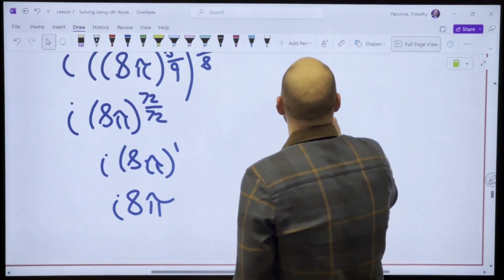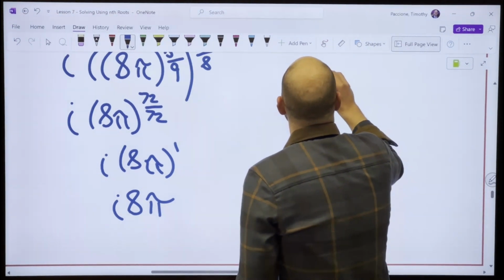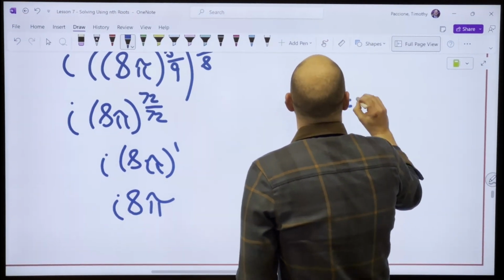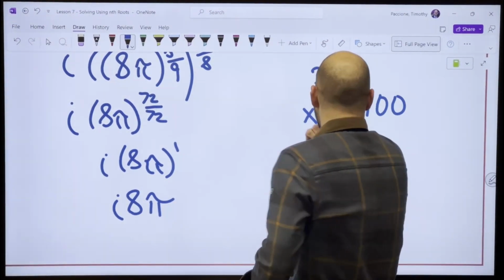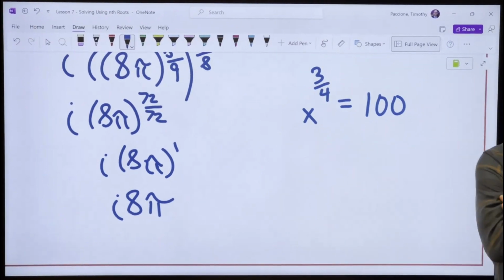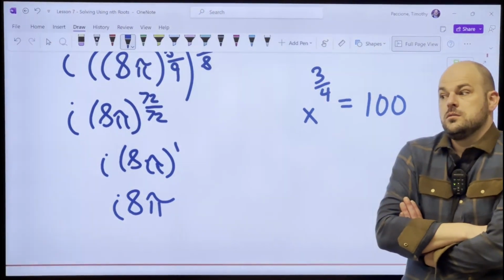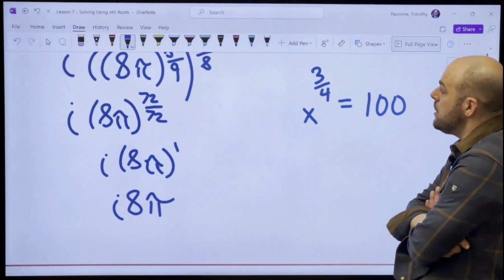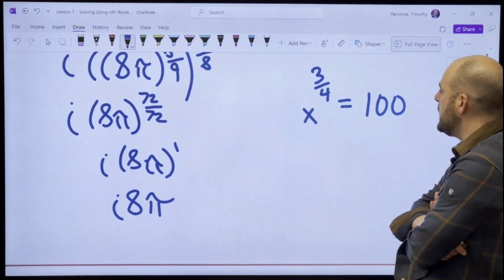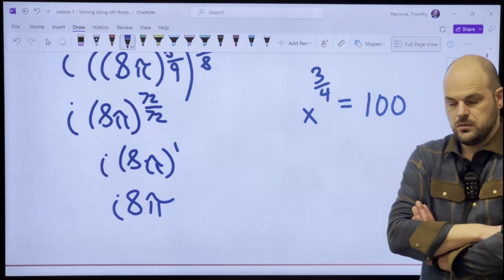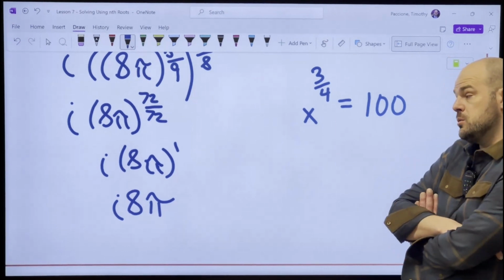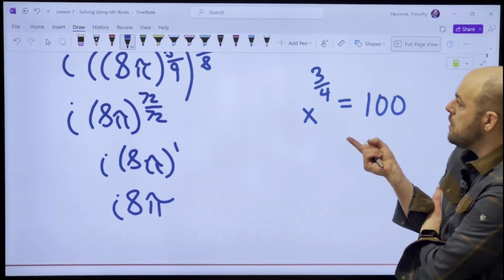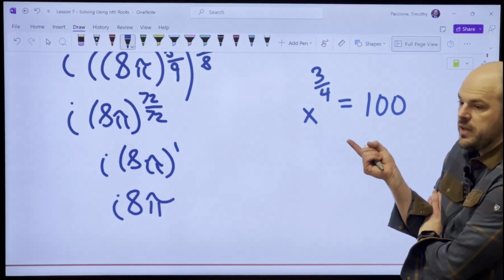Ready? If I had x to the 3/4 equals 100, and I asked you to solve that, well, it's kind of hard because I don't really know how to get x by itself. But I kind of also do now because I just figured out what I need to do to get rid of exponents.